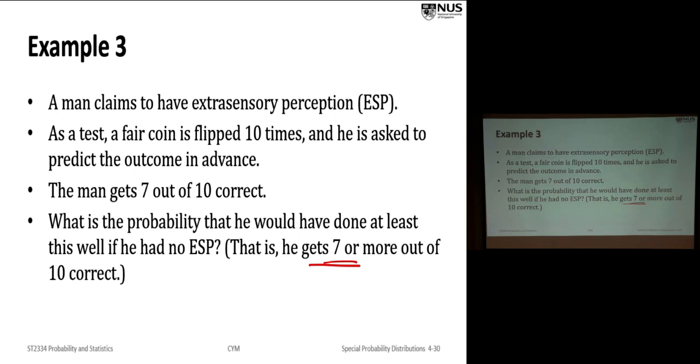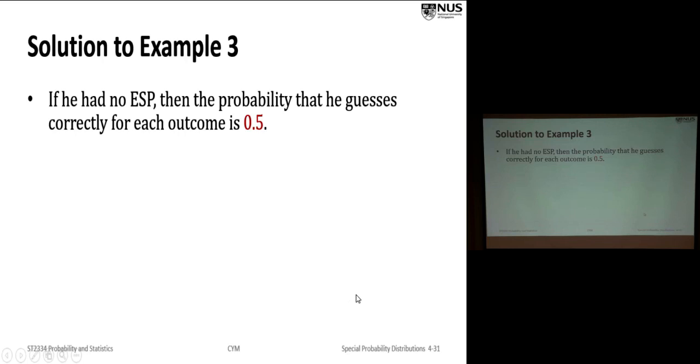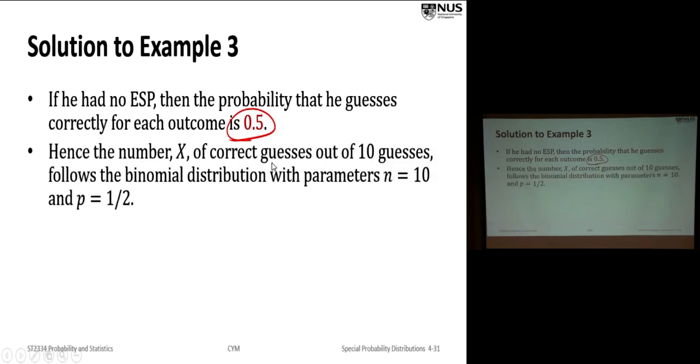So how likely is it that you correctly identify 7, 8, 9, or 10 out of 10 trials? This is the key. If you and I guess, guessing correctly and incorrectly is 0.5, because there are only 2 outcomes, either success or failure. We assume that is equally likely.